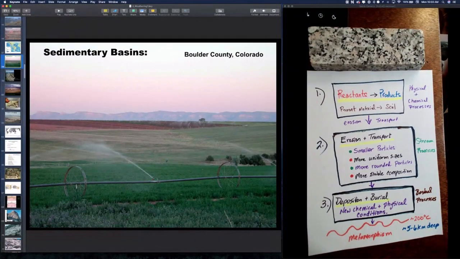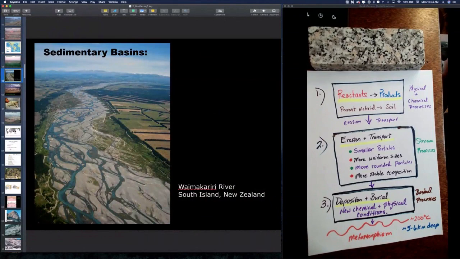It's kind of asymmetrical. This is a sedimentary basin in New Zealand. On the South Island, you see the Southern Alps off in the distance, and that's the Waimakariri River coming out of the Southern Alps and flowing across the Canterbury Plains. And this is considered, just like the Denver Basin, a sedimentary basin also.